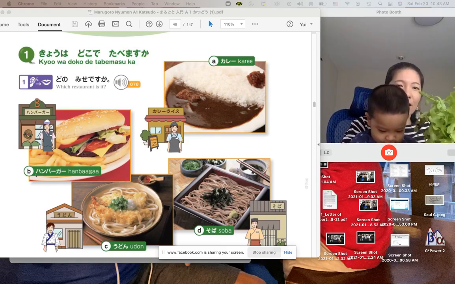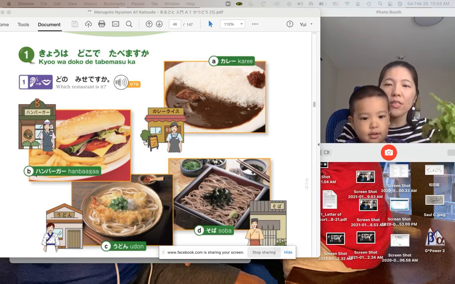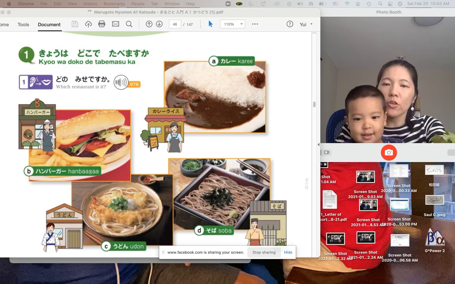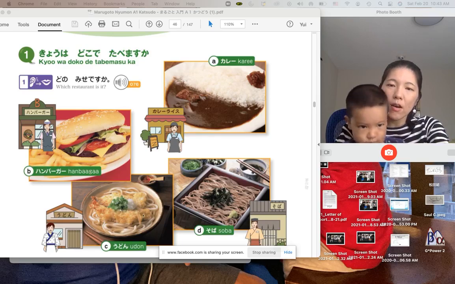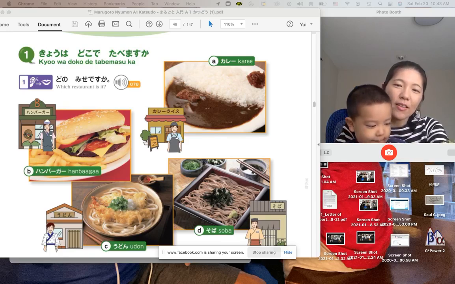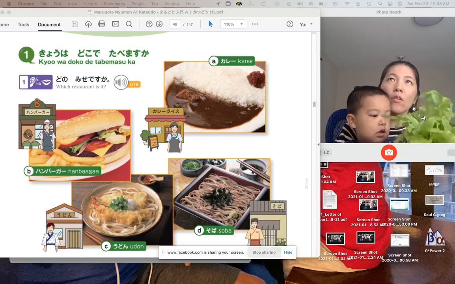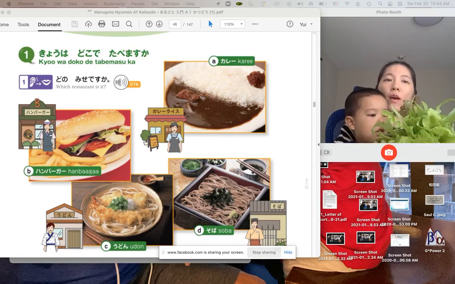Thank you for bringing the lettuce. So, C on the picture is うどん. You can see shrimp tempura on top. Tempura udon. Yeah, that's udon. Udon を食べます. Udon is made of flour.